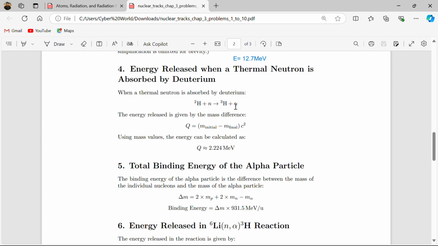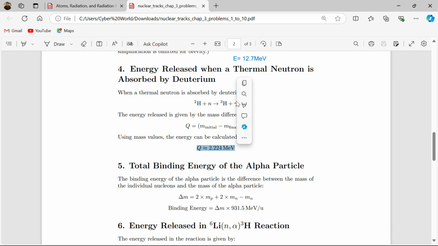And with the gamma, after calculating the difference, the mass defect, you have to multiply it by c squared, meaning 931.502. So you will get your final Q value in mega electron volts as 2.24 mega electron volts.